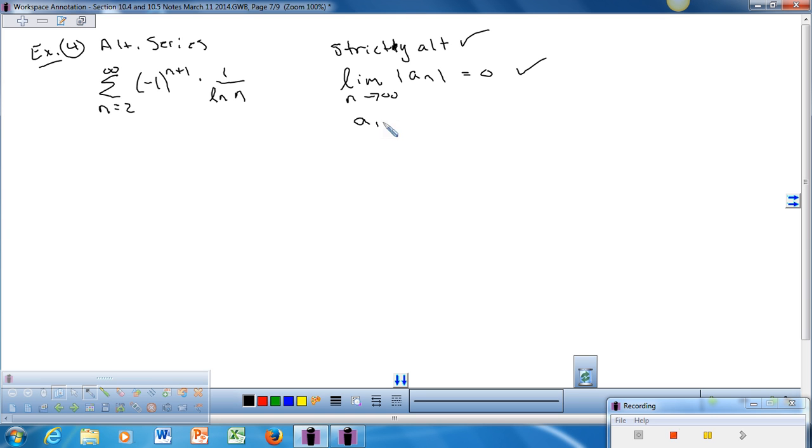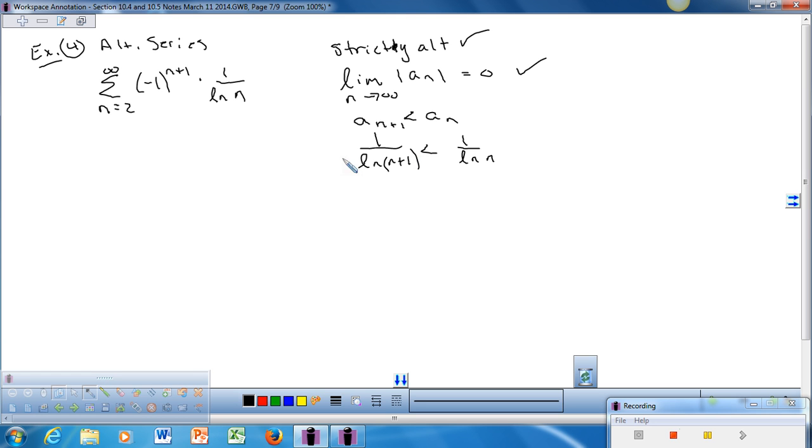Is a sub n plus 1 always going to be less than a sub n? Well, this one you have to show me a little work on. And again, we're only interested in the part that does not include the negative 1. So we need to think about 1 over the natural log of n plus 1. Will that always be less than 1 over the natural log of n?